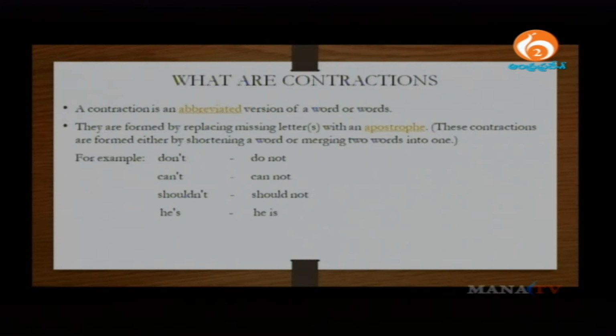For example, see, I have said you don't, do not, can't, cannot, shouldn't, should not, he's, he is. So when I speak about the contractions and their examples, yes, it's basically an abbreviated version of the word or the words.